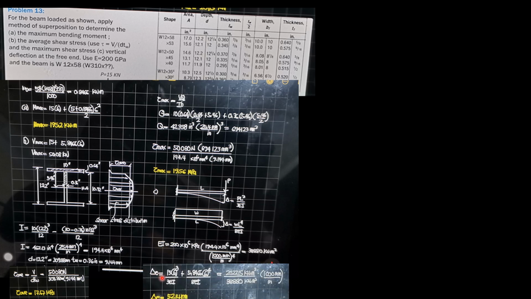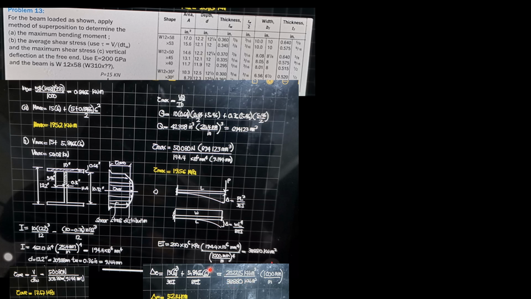For the continuation, let's evaluate this combined deflection. So delta E at the free end is equal to P times L cubed over 3EI, then the combined W, weight of beam and the load itself, 5.8466, length 6 to the fourth over 8EI, so that would be 2027.15.